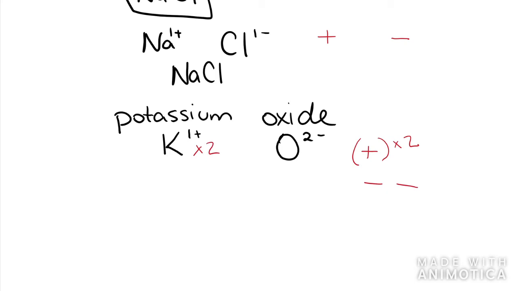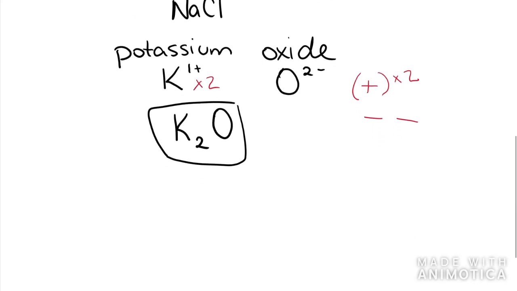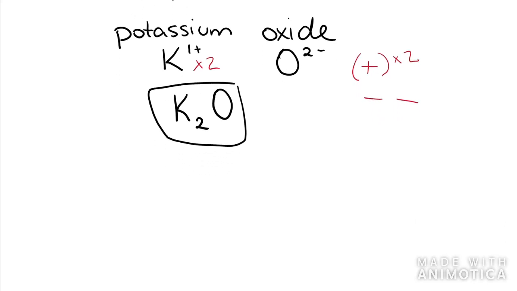So our formula becomes K, and we always write our ratios on the bottom, 2 for every 1 oxygen. So this is what our answer is. This one, the crossover method, does work, but like I said, it's not good to become dependent on it because it doesn't always work.